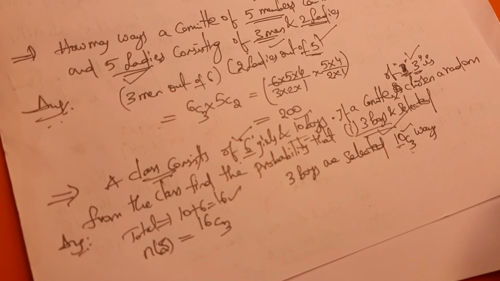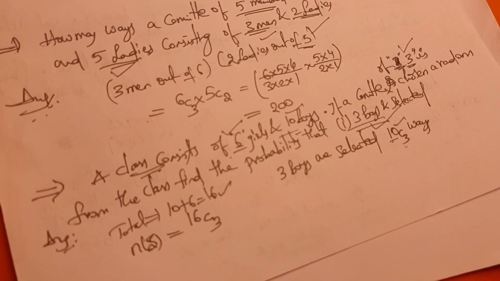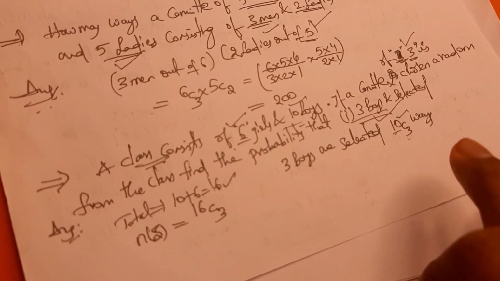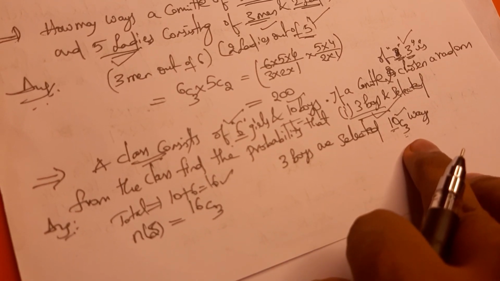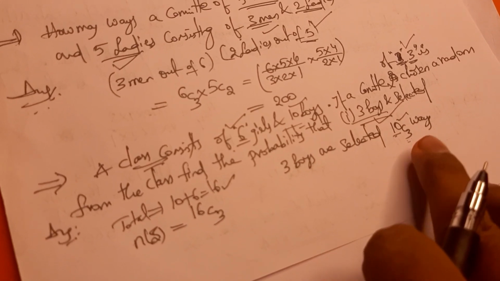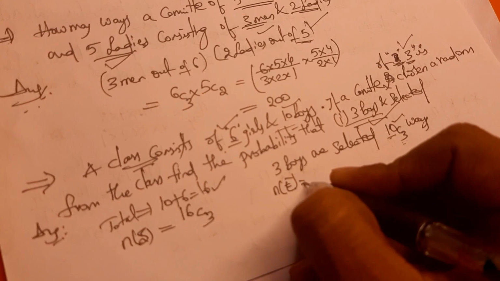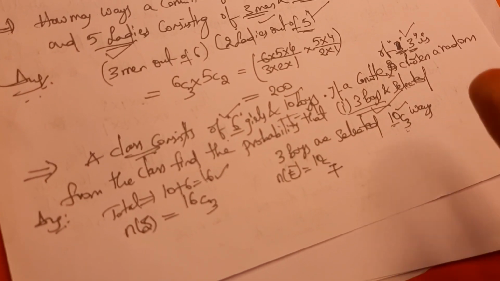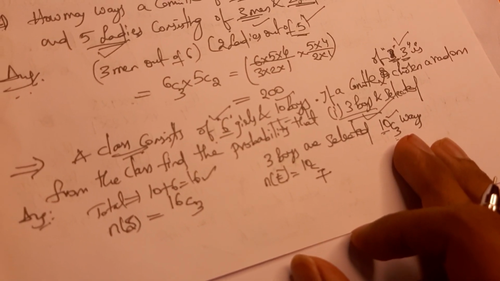And next, the total number of boys is 10. Already 3 members get selected, so how many members will remain? That will be 7 members. So n of E is 10C7.